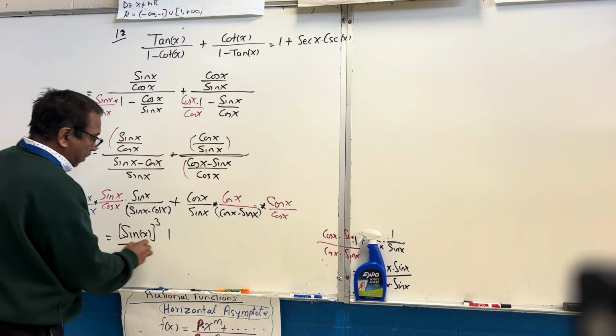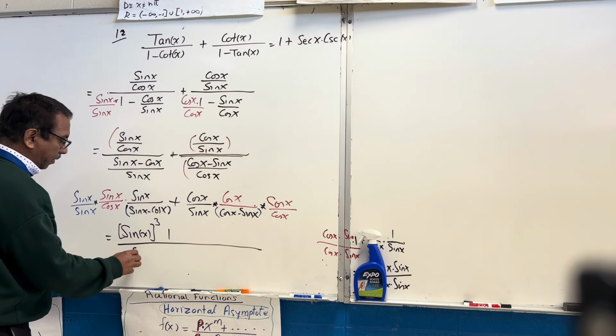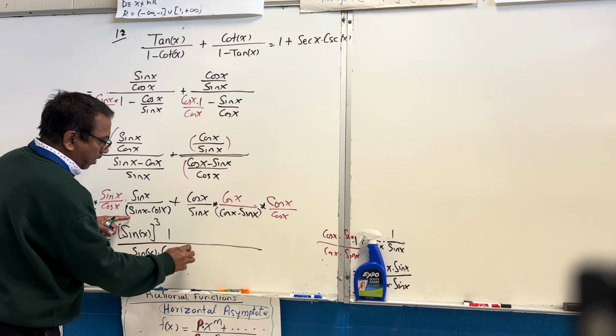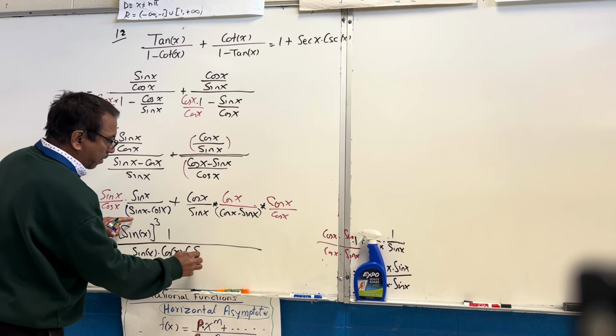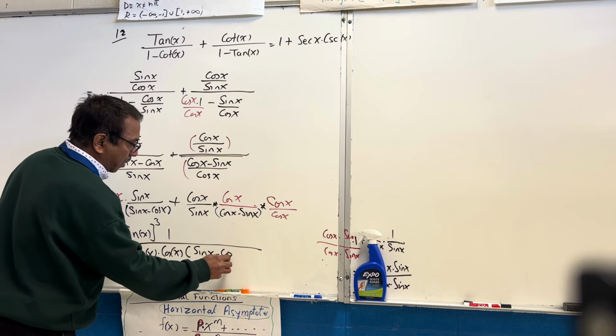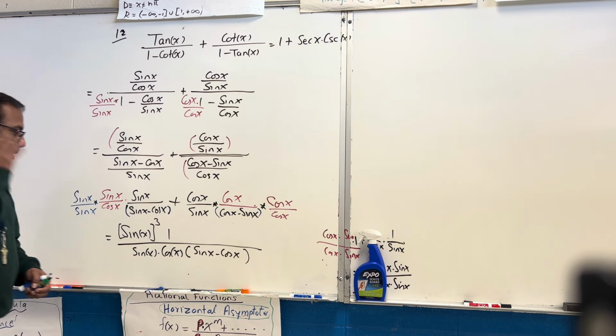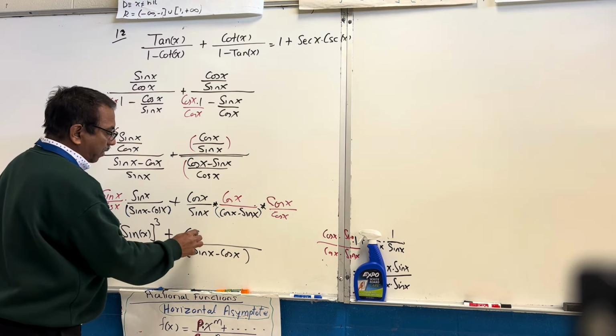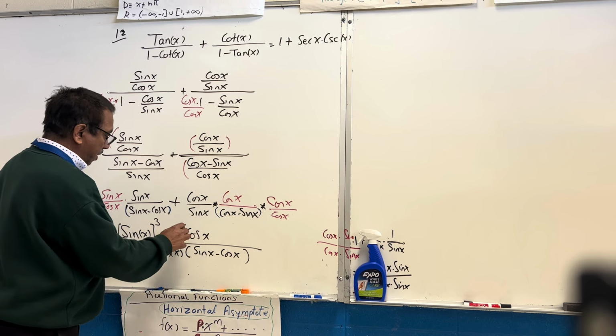And the common denominator is this whole thing, sine of x, cosine of x, and then sine x minus cosine of x. Okay? But then this is plus, there are three of them, three cosines, so cosine of x, and put it.